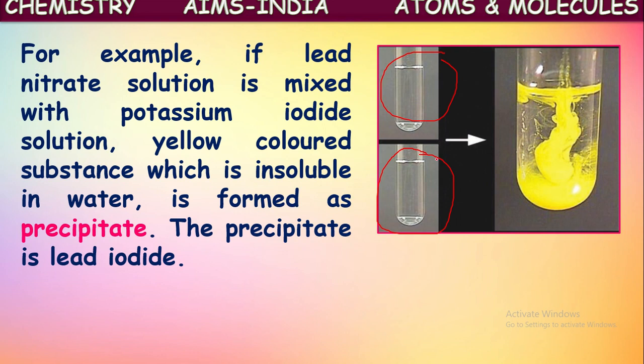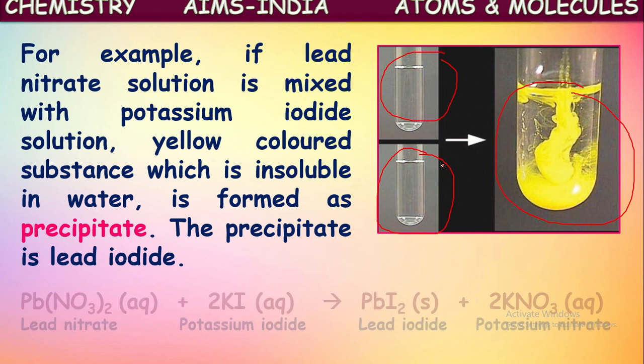When these two are mixed, immediately a yellow colored substance which is insoluble in water is formed as a precipitate. This precipitate formed is lead iodide. This lead iodide is formed by the mutual exchange of ions between lead nitrate and potassium iodide. So we can say this is a double displacement reaction.